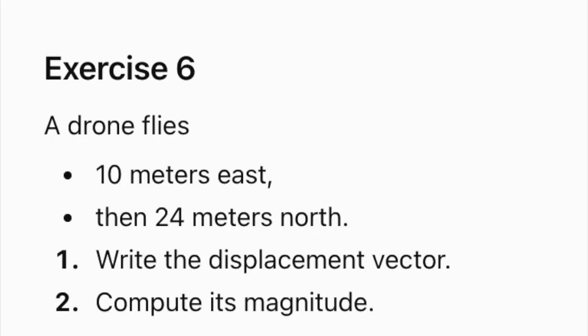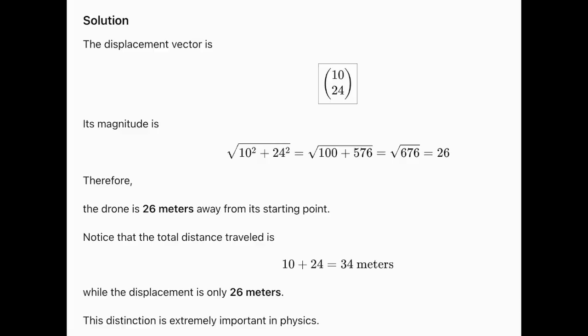Exercise 6. A drone flies 10 meters east, then 24 meters north. Write the displacement vector. Compute its magnitude. The displacement vector is (10, 24). Its magnitude is the square root of 10 squared plus 24 squared.